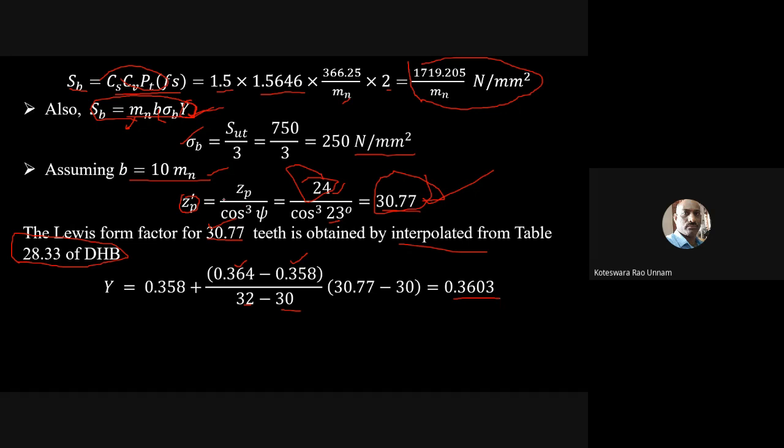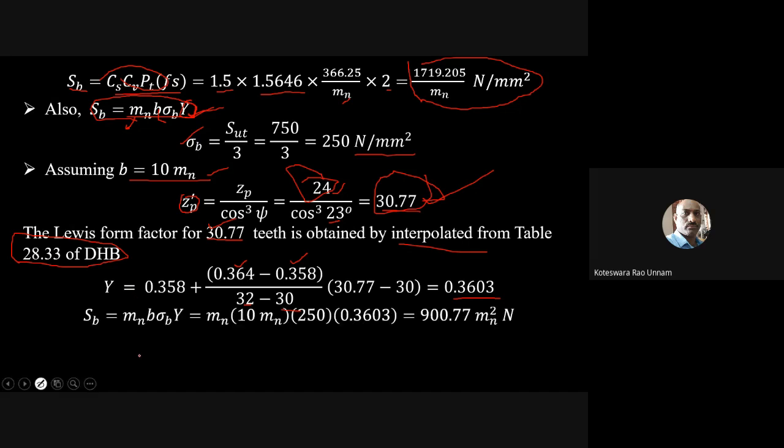Now in this equation, I know everything except Mn, so I have to calculate Mn. Therefore, by equating the effective load, that is SB from the power transmitted, to the beam strength, I will get the normal module.